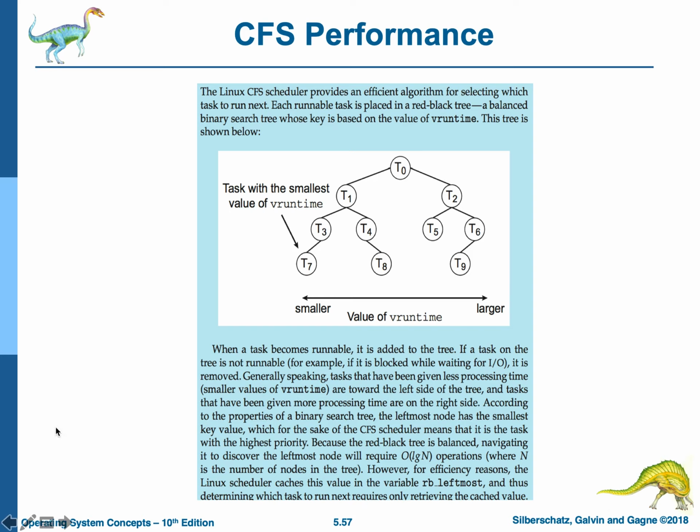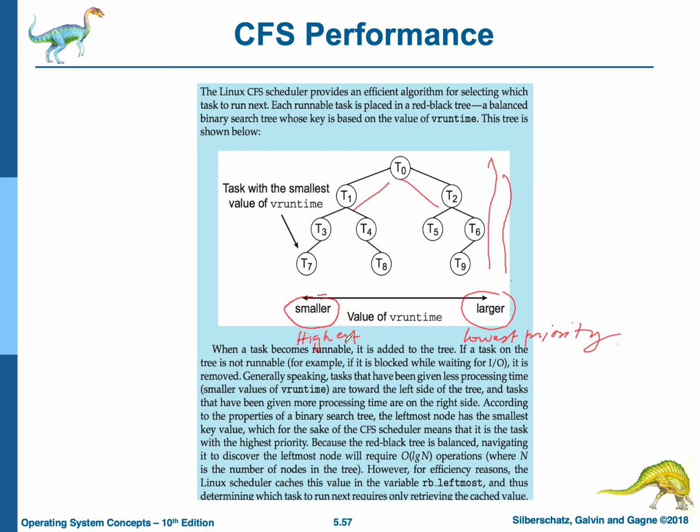So we can see here, this has the smallest runtime, this has the largest runtime. So this is the highest priority, and this is the lowest priority. Every job that arrives goes into this tree, either here or here.